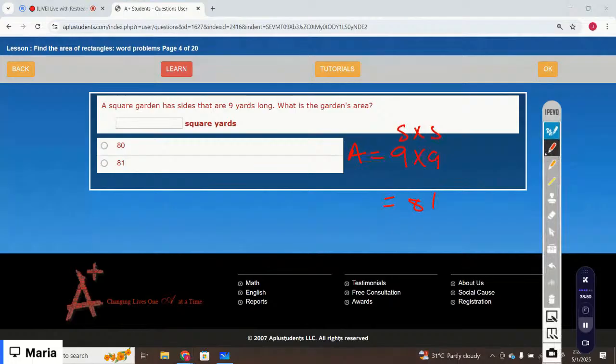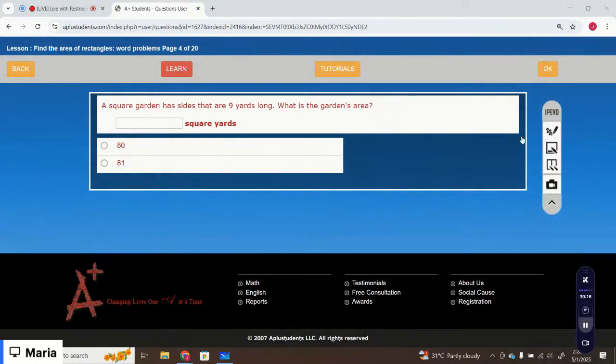Option number 2 is the correct option. That is 81 square yards.